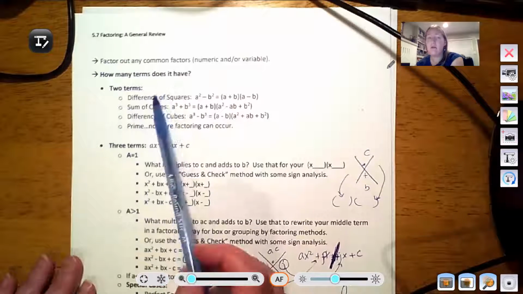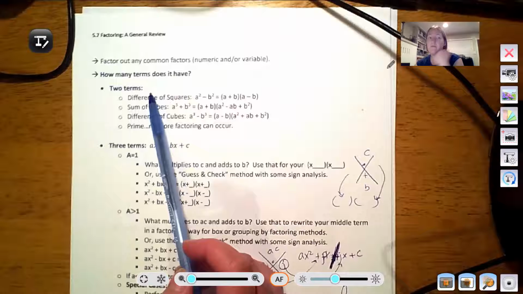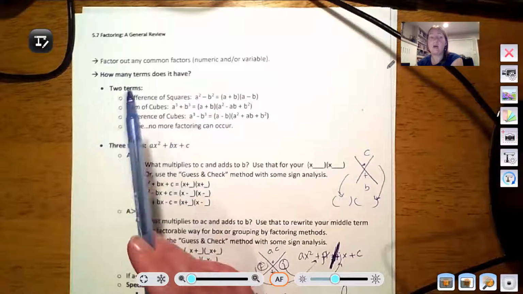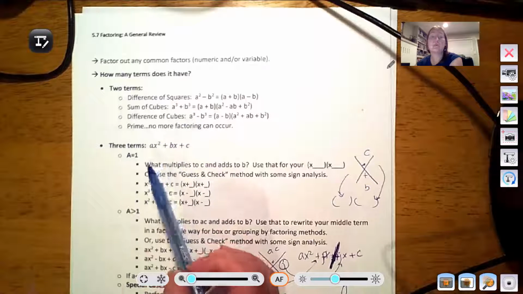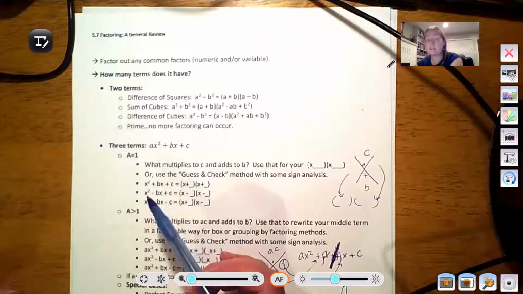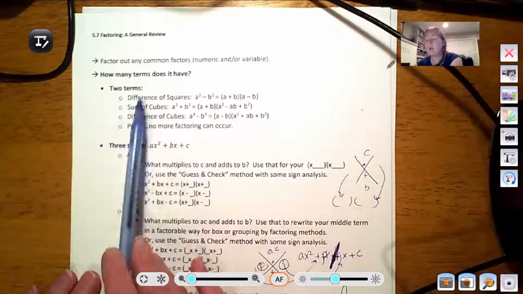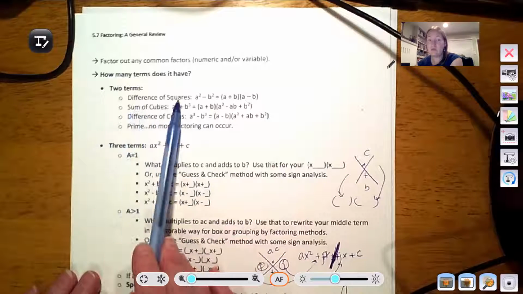And so basically when you're doing factoring, you want to think about if there's a common factor, a GCF. And then from there, think about how many terms it has, because how many terms dictates the way you can factor. So if it has two terms, you can factor it if it's a difference of squares.